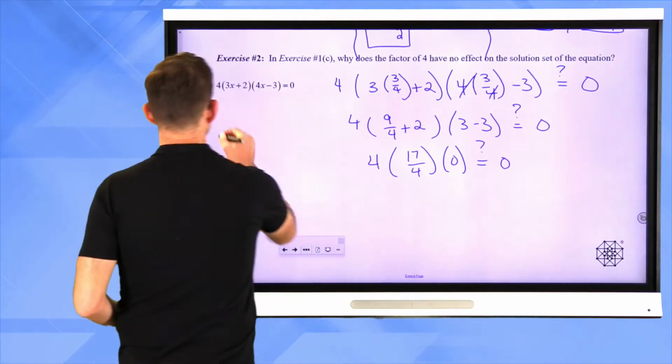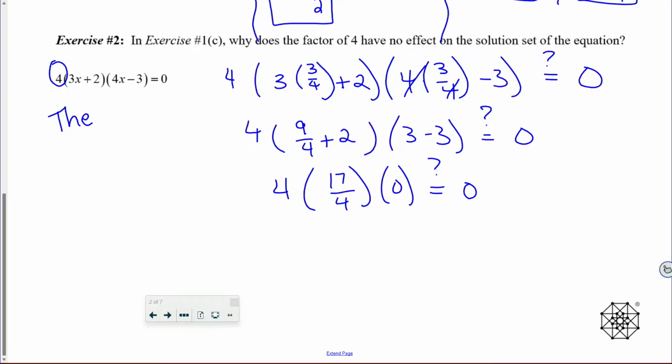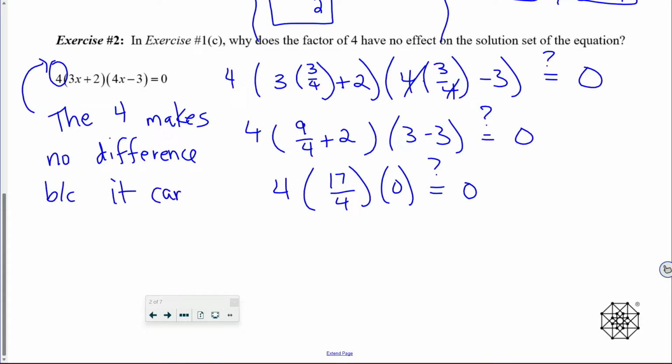So the 4 makes no difference because it can't be equal to 0. Right? It doesn't have any effect.